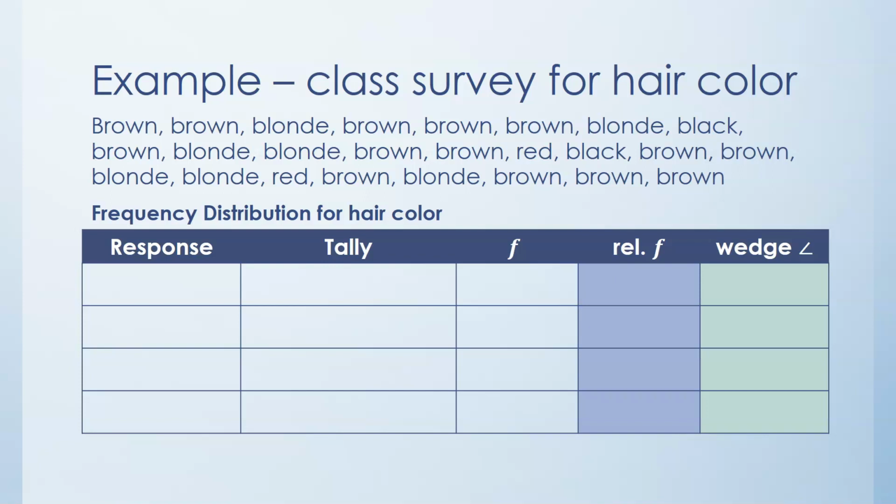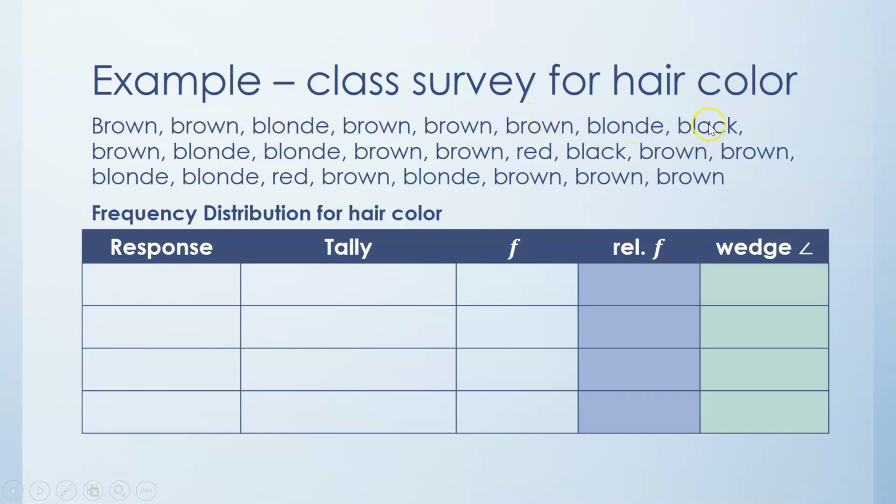What we would do if we were together is I would go around the room and ask everybody to report their hair color. I can't do that here, so here's some data from a previous class. Now, you see these responses. Each response is its own category.